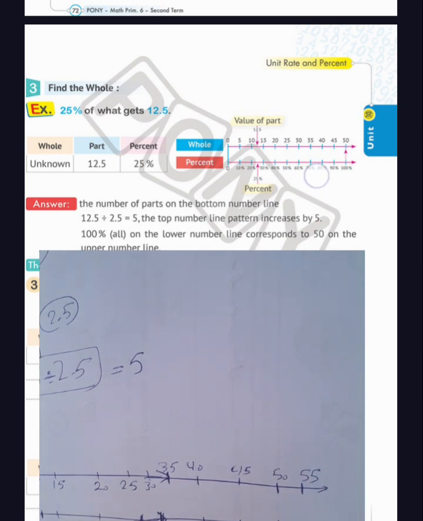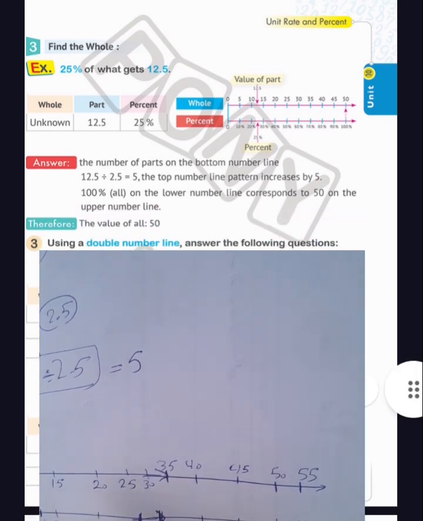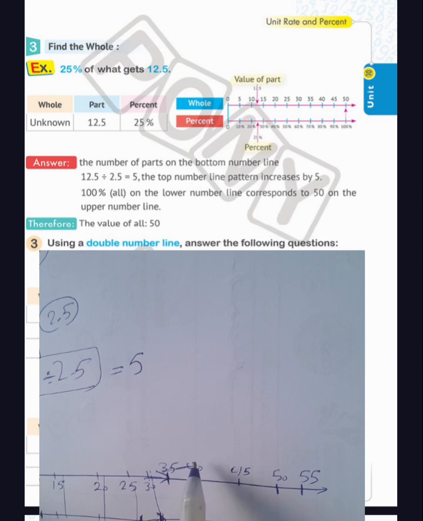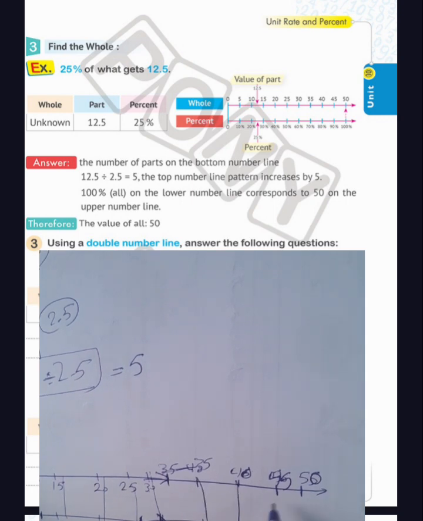Then the number here in total will be 50. Here again, exactly here, and it will be 35 and 40, 45, 50. Then 100% goes to 50. Then the total number will be 50.